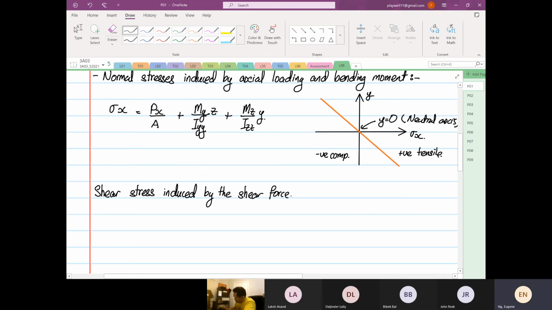The shear stress is equal to VQ over It.